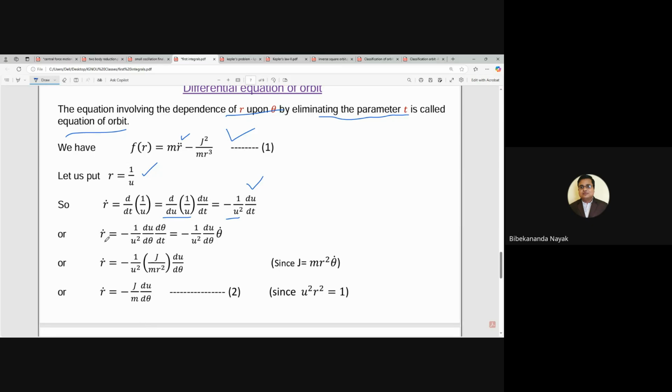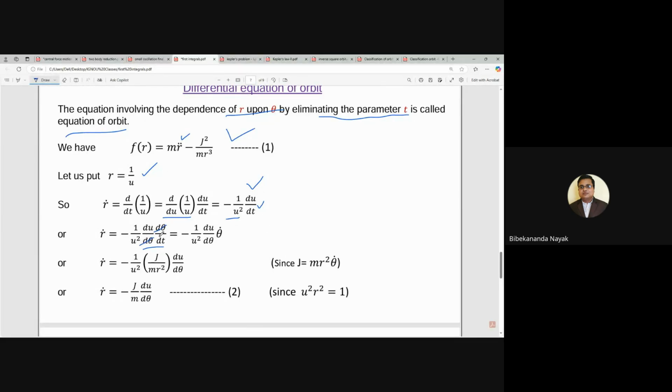So r dot is equal to minus 1 by u square du by dt. Now I want to remove the t. As per our definition, we have to remove t and only establish a relationship between r and theta. So how can I remove t? For that I slightly rearrange du by dt using the chain rule. I write du by d theta into d theta by dt. The d theta cancels, giving du by dt.